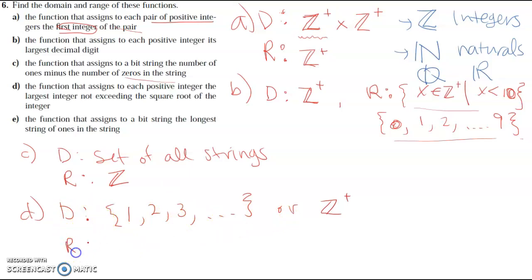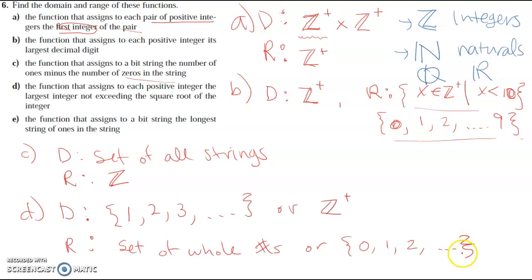The range is going to be the set of whole numbers. Or you can just list it out again: 0, 1, 2, and it just continues.